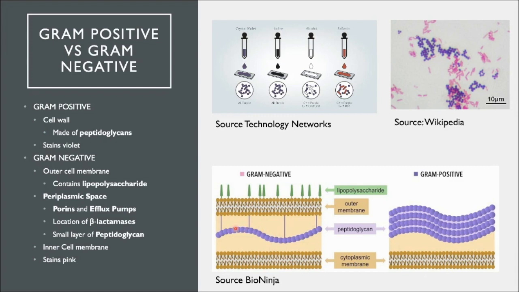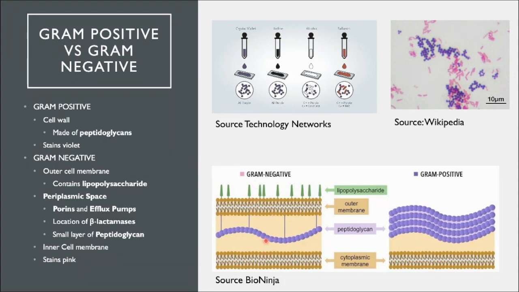This is where you see a very small layer of peptidoglycan. Mostly it's just there to provide structure to the bacteria. However, this is also where you're going to find a lot of the drug resistance mechanisms. For example, your efflux pumps are mostly sequestered within this region, and they pump drugs out of the bacteria so that they can't affect them.